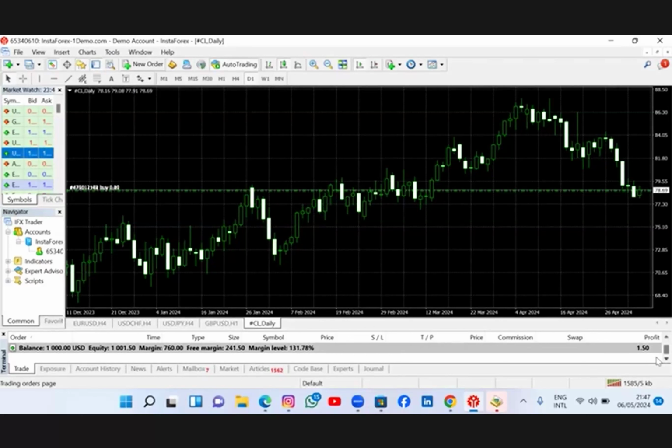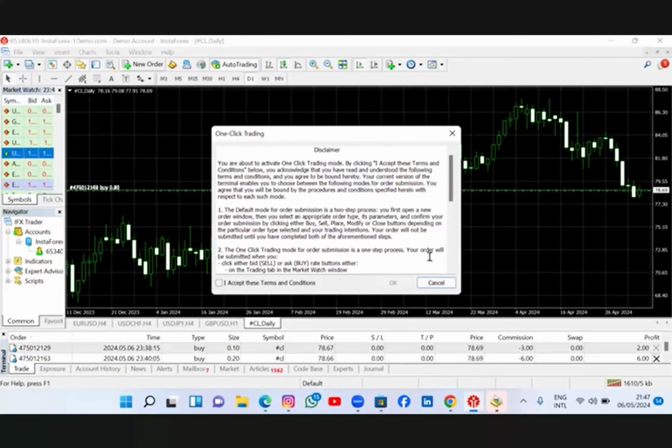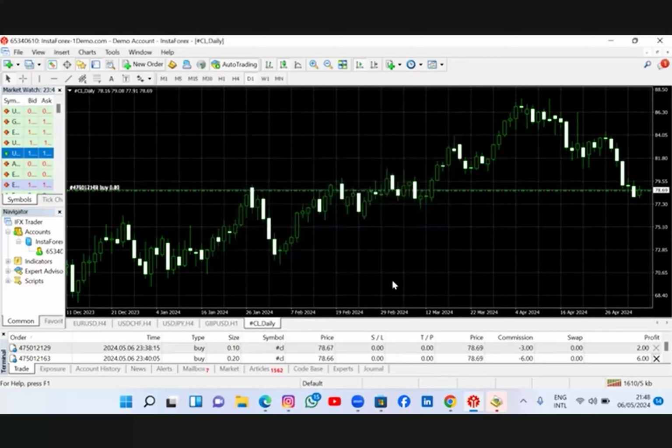Now, let's close one position. Click on your profit side, go up. So you're getting $6. Close that one. Okay, accept. Click on that accept position. Just double click on the swap information under it.